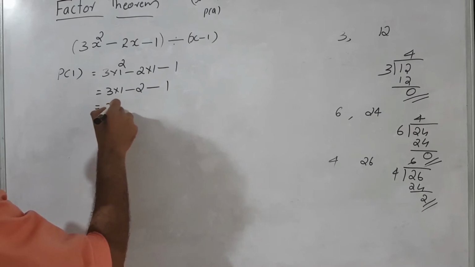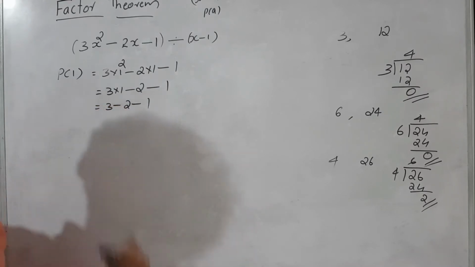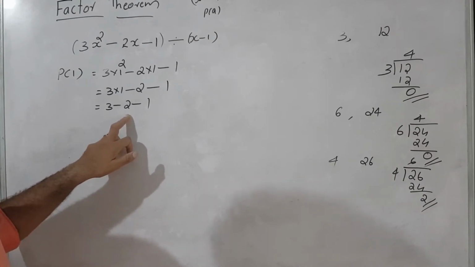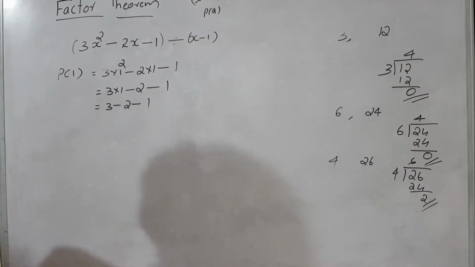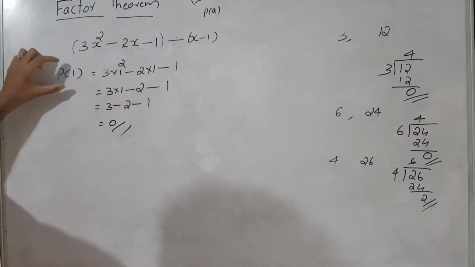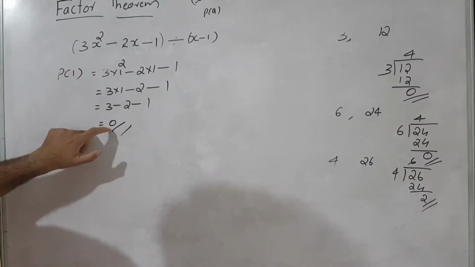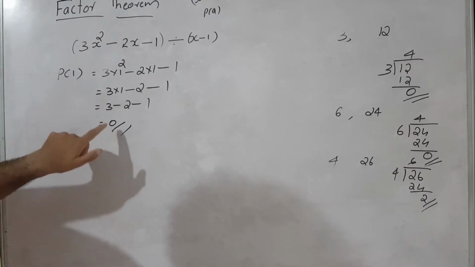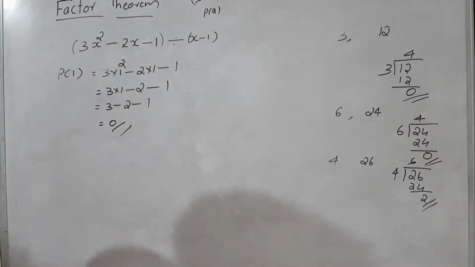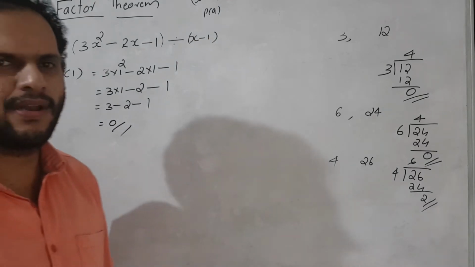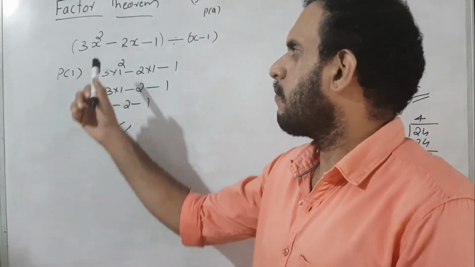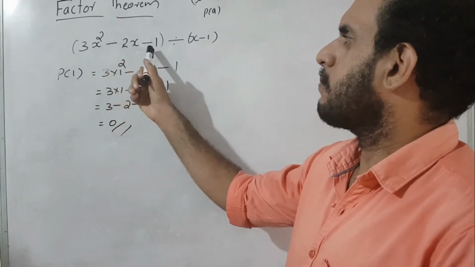Then 3 minus 2 minus 1. 3 minus 2 is 1. 1 minus 1 is equal to 0. So the remainder p of 1 is equal to 0. So x minus 1 is a factor. Clear? x minus 1 is a factor of 3x square minus 2x minus 1.